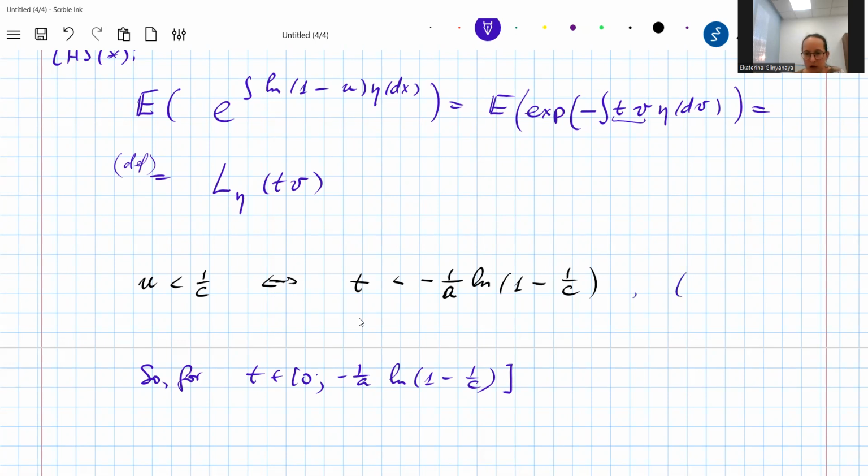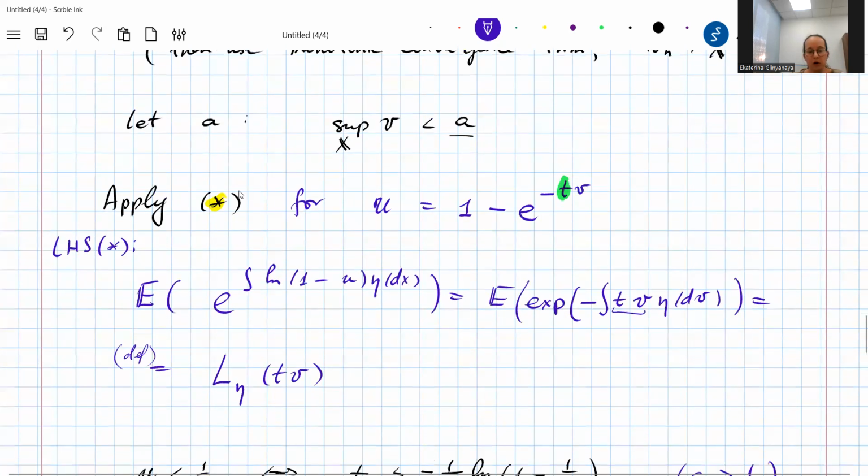Here we can assume that c is bigger than 1. So it is less than, is non-negative. For such t, using the formula, we can see that the Laplace transform of tv is equal to the Laplace transform of eta prime tv. Why is it so?